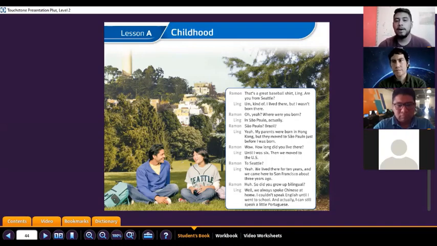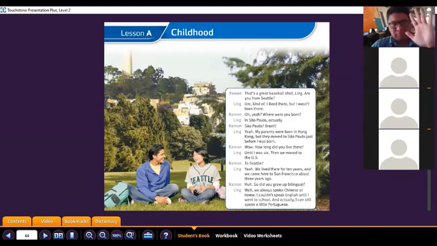The rest of the class is going to read out this text too, and you are going to try to understand what they are telling each other. So who wants to be Ramon and who wants to be Ling?